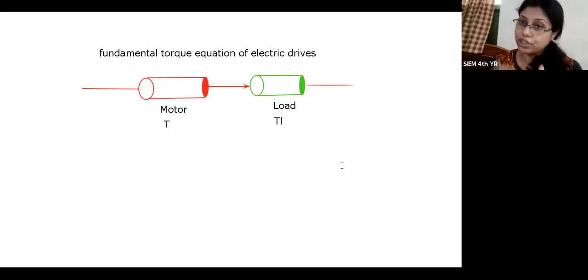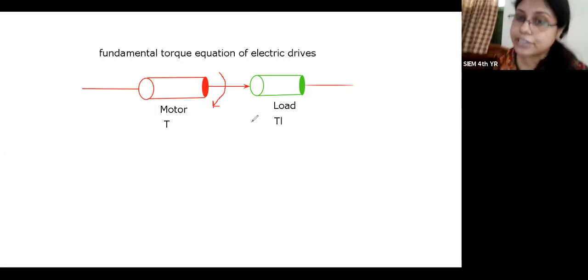Now the machine is rotating. Now let the machine be rotating in anti-clockwise direction. Okay. So this is the direction of speed.